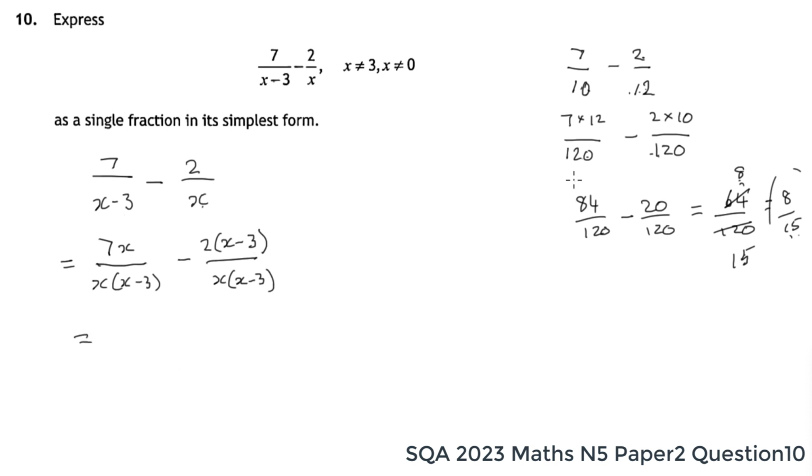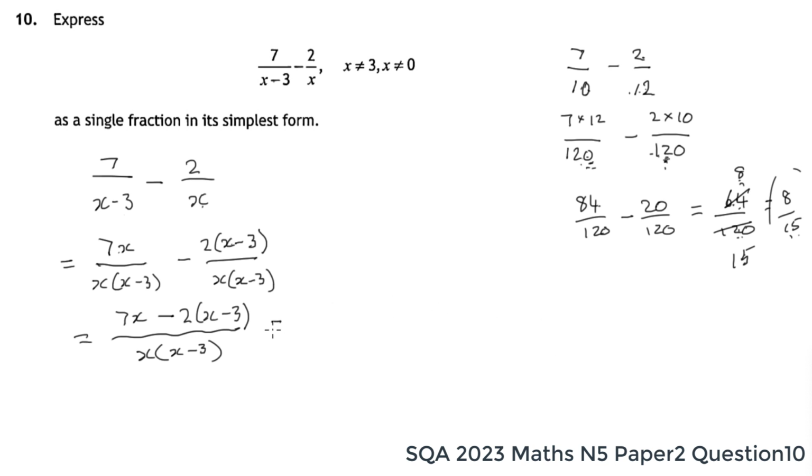So we've reached the stage where, in this case, we've had both of these as 120ths, and we can combine them and say, well, how many 120ths have we got? So in this case, how many of these have we got? Well, we take this number, 7x, and subtract this number, 2 lots of x minus 3. So that's where we got 64 from, 84 minus 20, 64 120ths.